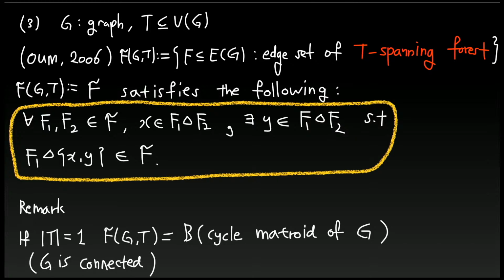As a side remark, when G is connected and T has size 1, the T-spanning forest is just a spanning tree of G. So in this case, F(G, T) is exactly the same as the collection of edge sets of spanning trees of G, which forms the cycle matroid of graph G.